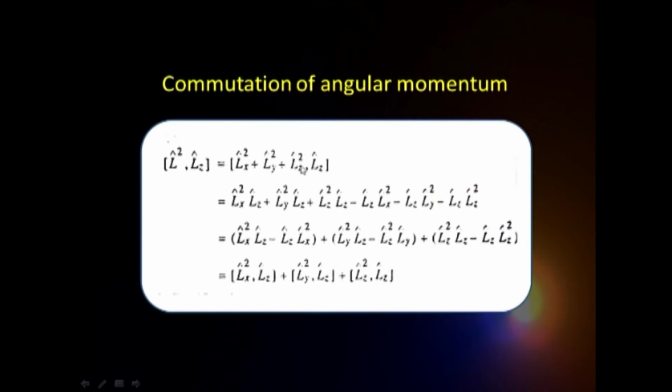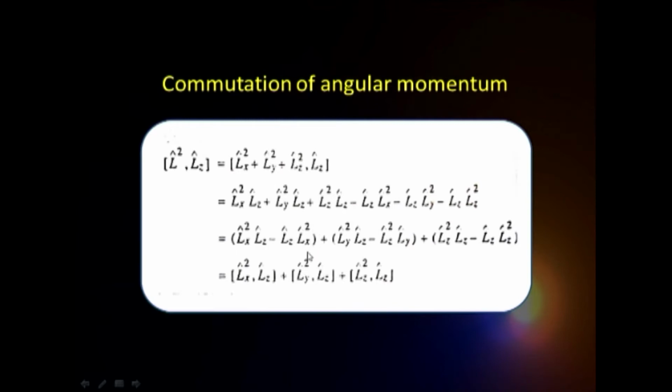So, this whole term is going to multiply here, and this term is going to multiply with the whole term. So, we are going to get a sixth term which is visible here, and we can segregate the terms depending upon, like the two terms which are very similar can be segregated together, like L_x square L_z minus L_z L_x square.